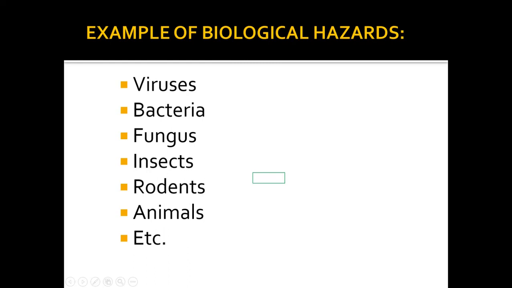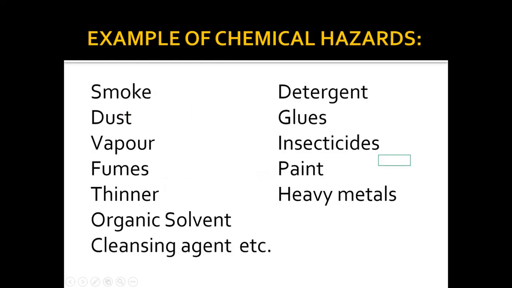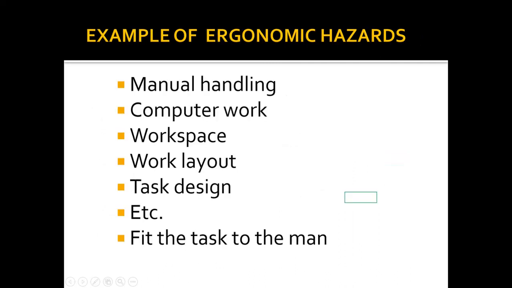The example of biological hazard including viruses, bacteria, fungus, insect, rodents, animals. And for chemical hazard, the examples are smoke, dust, vapor, fumes, thinner, organic solvent, cleansing agent, detergent, glues, insecticide, paint, and heavy metals.